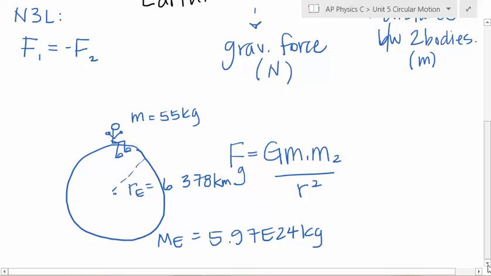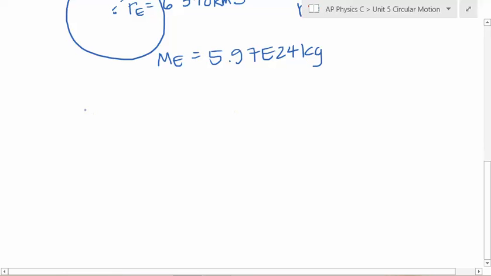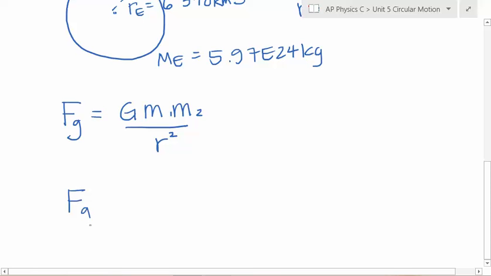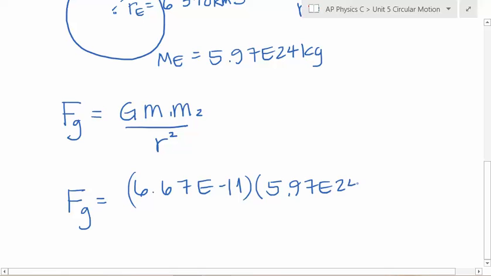Yes. Okay, so let's do that. So using these values, the gravitational force on the person would be G m1 m2 over r squared. So the gravitational force would be 6.67 times 10 to the negative 11, that's the gravitational constant, times the mass of the Earth, 5.97 times 10 to the 24, times the mass of the person, so that's m1, m2.